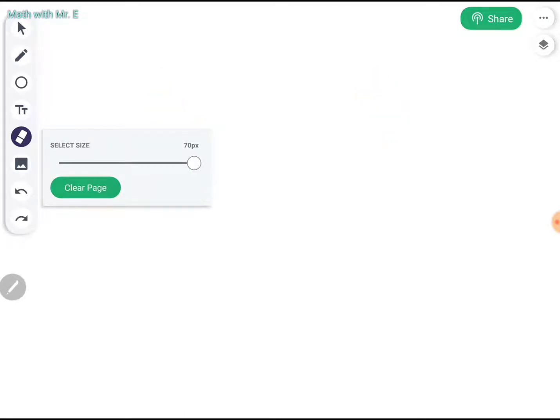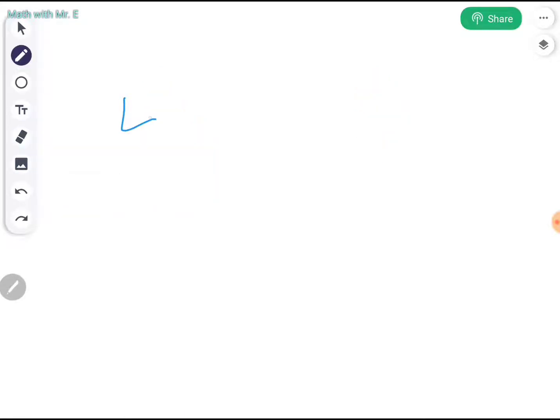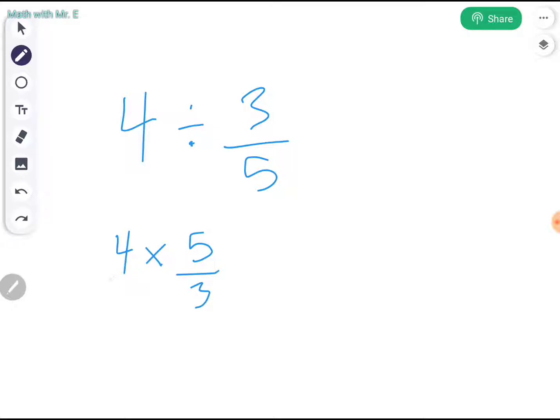So if we had a problem such as 4 divided by 3/5, instead of dividing by 3/5, we're going to keep this number on the left the same, so it'll stay as a 4, but we are going to find the reciprocal of 3/5 and multiply by that. So this will become 4 times the reciprocal of 3/5, which is 5/3.